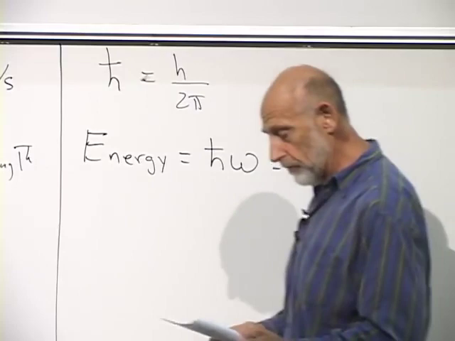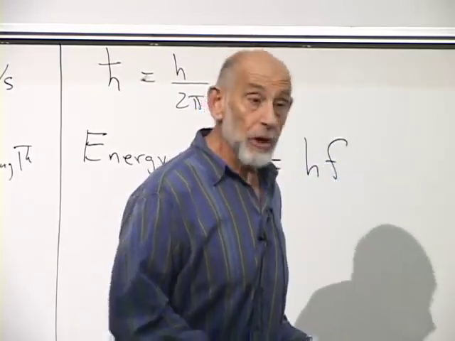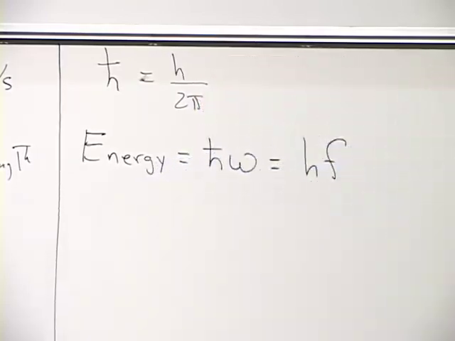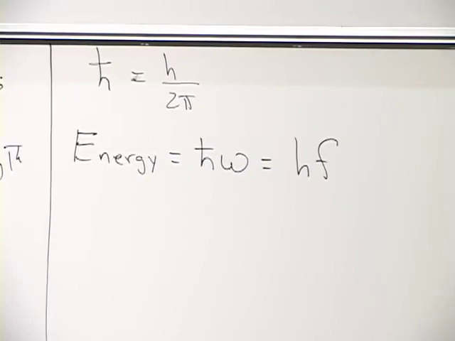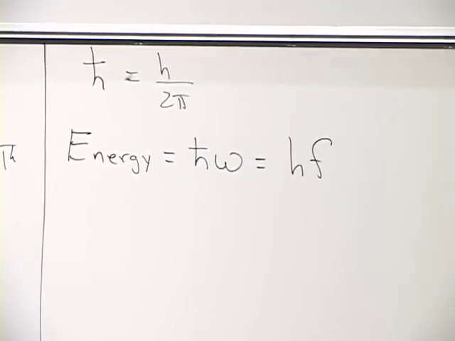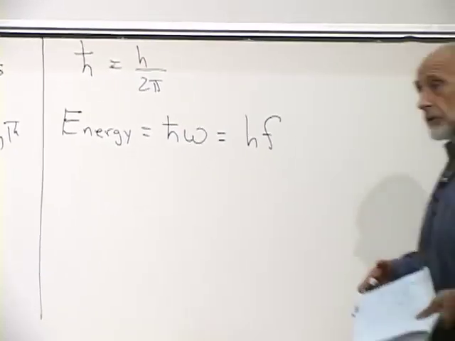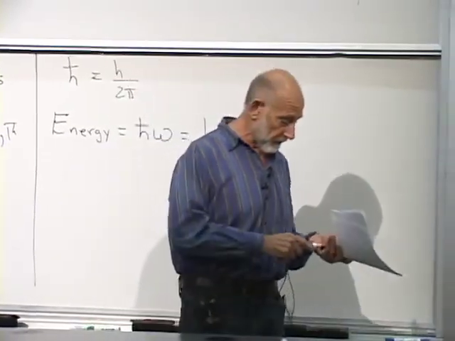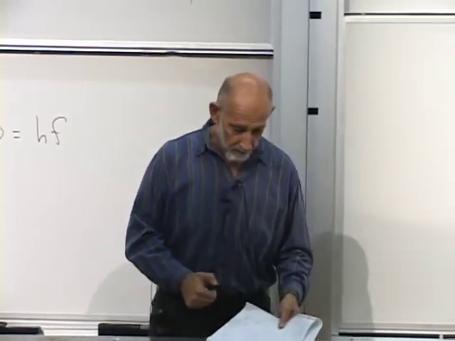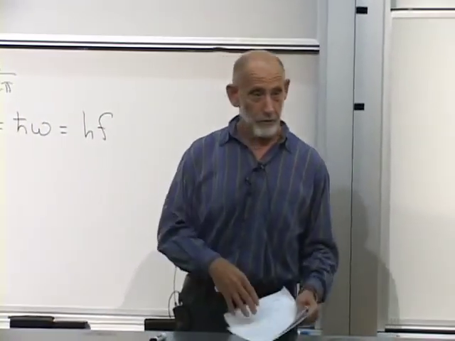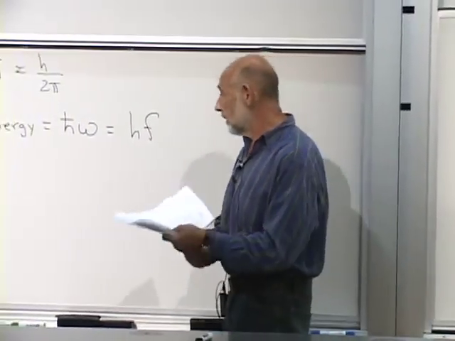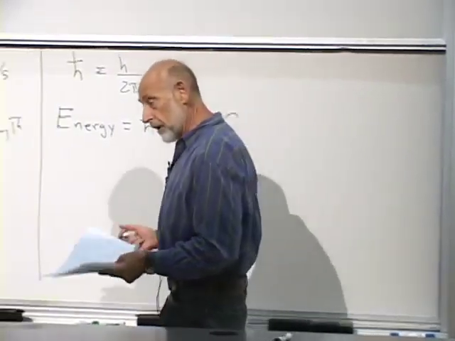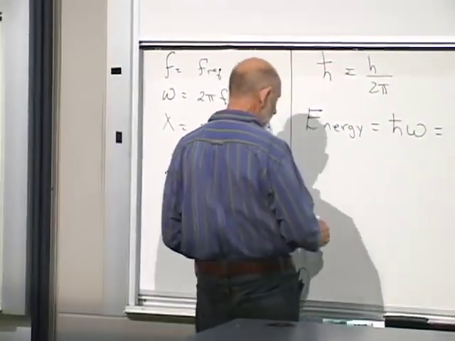Let's remind ourselves about momentum. Energy, incidentally, and momentum are especially interesting because they're conserved quantities. Total amount of energy is conserved. Total amount of momentum is conserved. And therefore, they're good bookkeeping devices. Good for writing balance equations and useful, among other things, besides being deep.